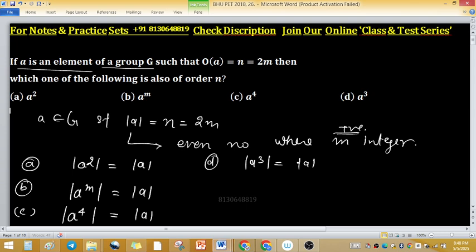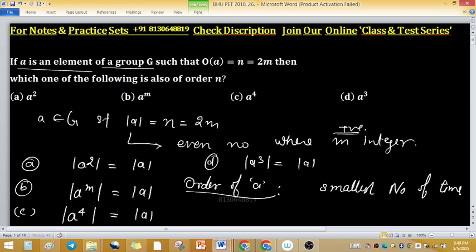Now, first try to understand the meaning of the order of an element. Let's say the element is A. The order is the smallest number of times we operate element A such that A raised to the power n equals the identity.